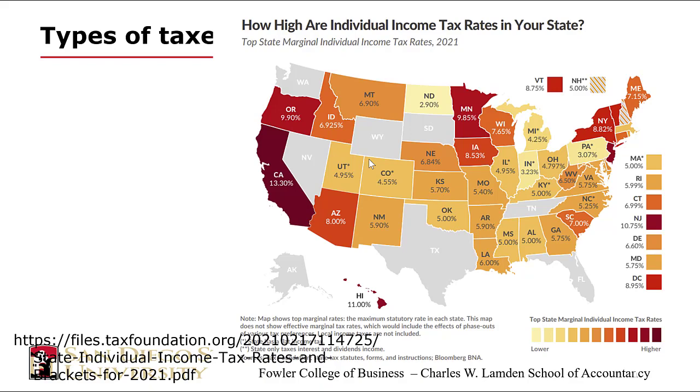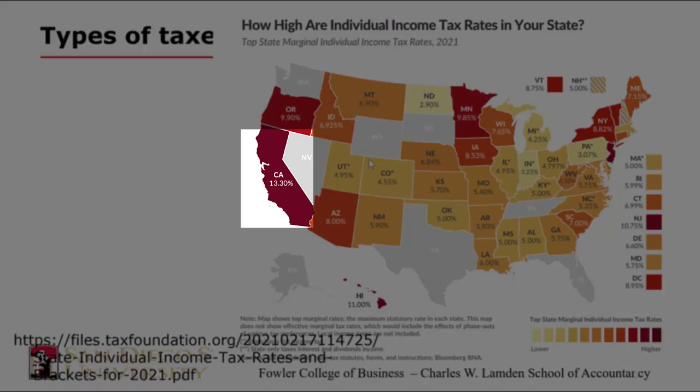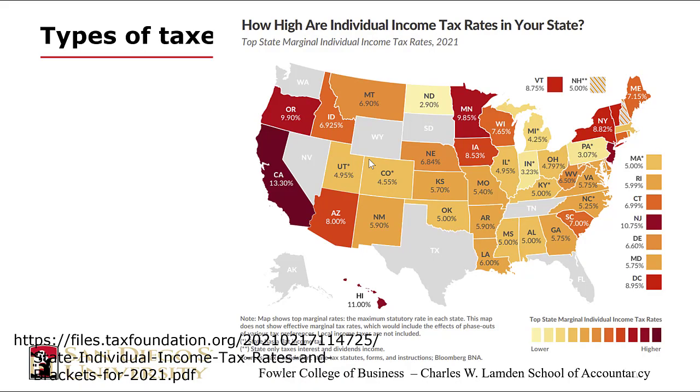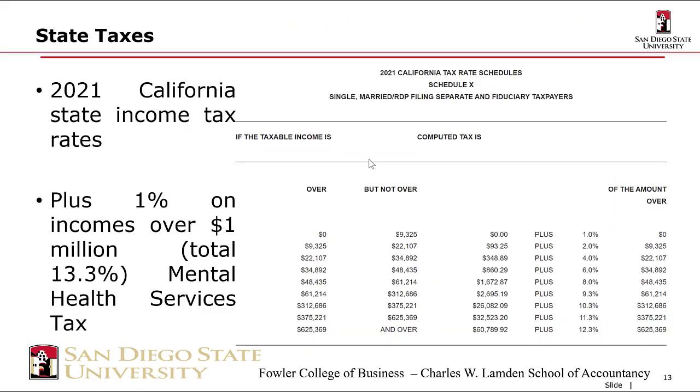In any event, California, as you can see, congratulations, we're the very highest. We have the highest marginal rate in the country. Good for us. So at 13.3%. Here's what our tax table looks like. So it's a progressive rate structure where the higher your income, the higher the rate is, and you can see that the table caps out at 12.3, but that's because there's an additional 1% tax on incomes over $1 million.